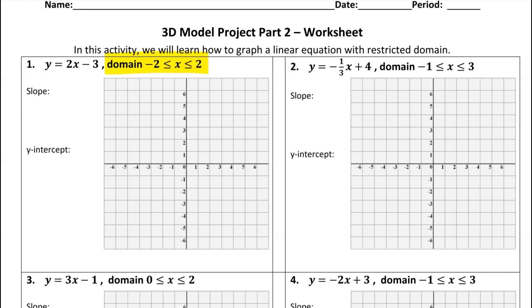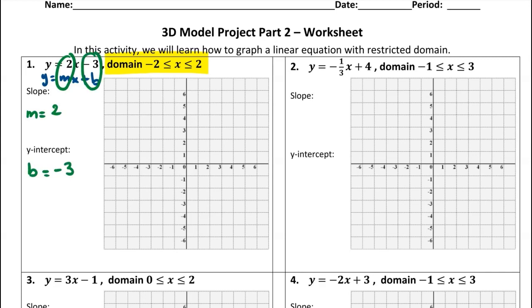Alright, slope. y equals mx plus b. So m is 2, and b, the y-intercept, is -3. We know that, there's nothing new there.